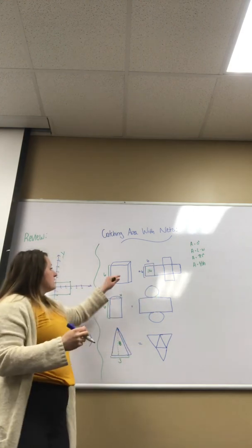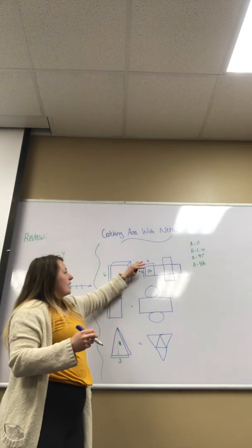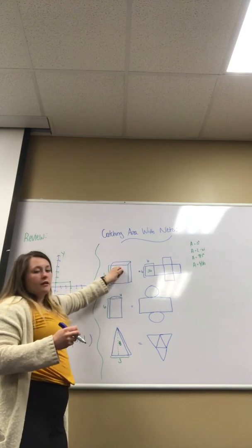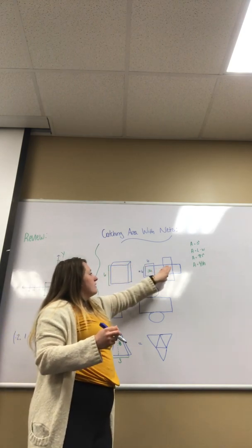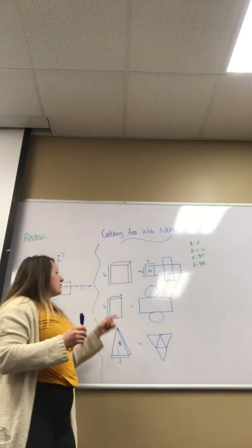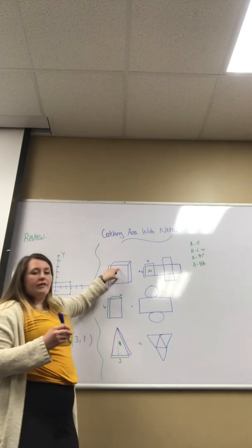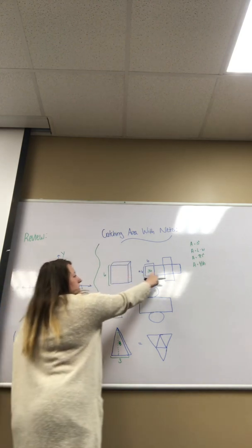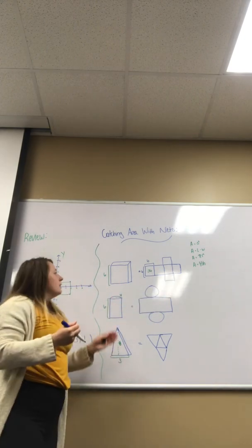So that is just for this side though. This is the area of just this square. That's this one right here. But now we have to go through and find the surface area of the rest of these as well. But in a cube, we have to remember that each face, this is a face, this is a face, this is a face. These are all faces of our cube.